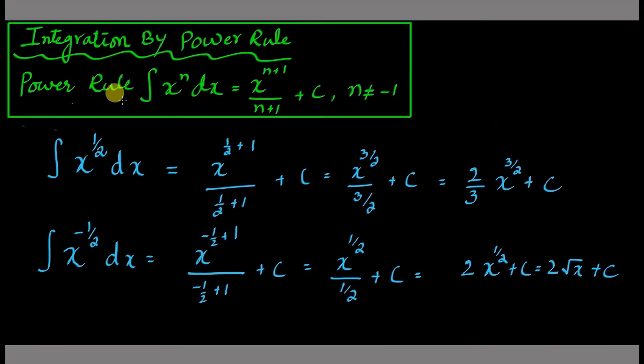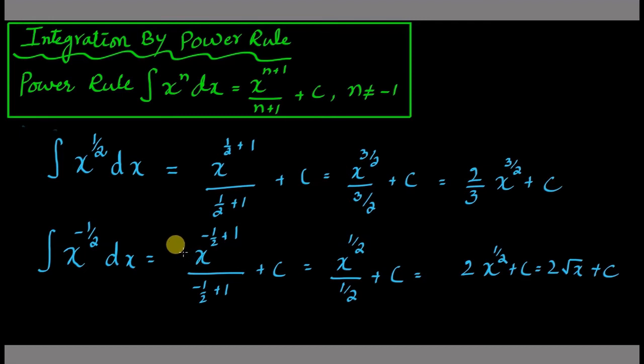So this power rule is now applicable for the rational number as well. It could be a positive rational number and it could be a negative rational number. So no problem at all applying this formula. The formula is the power rule.